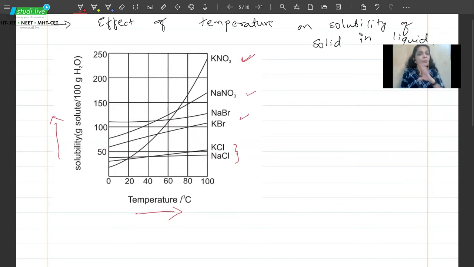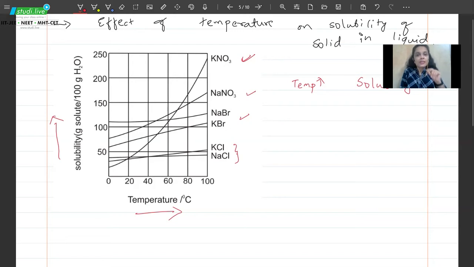So we can say in most of the cases, not all, if I am increasing the temperature, solubility also increases. In some cases like NaCl and KCl, there are no major changes.